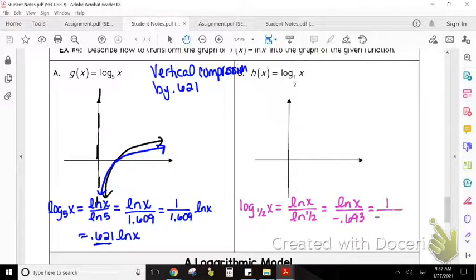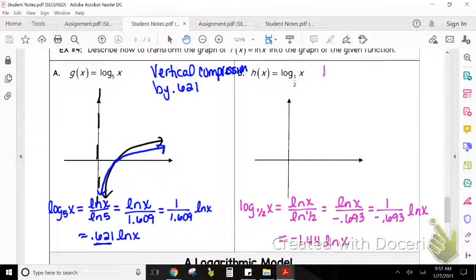So it's 1 over negative 0.693 natural log of x, which is approximately negative 1.44 natural log of x.